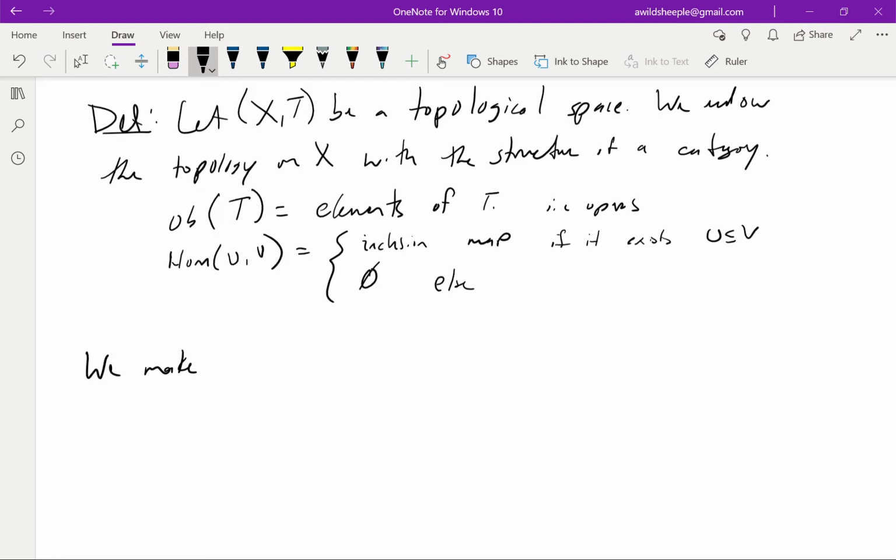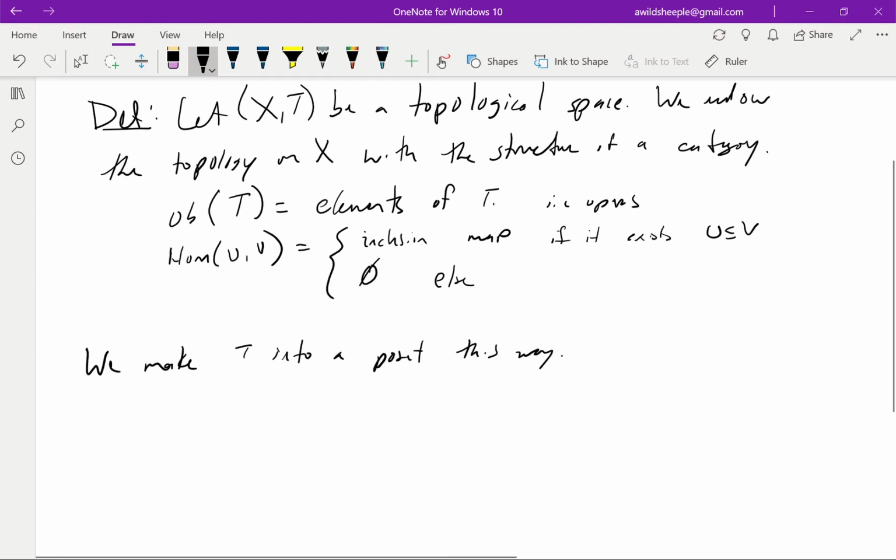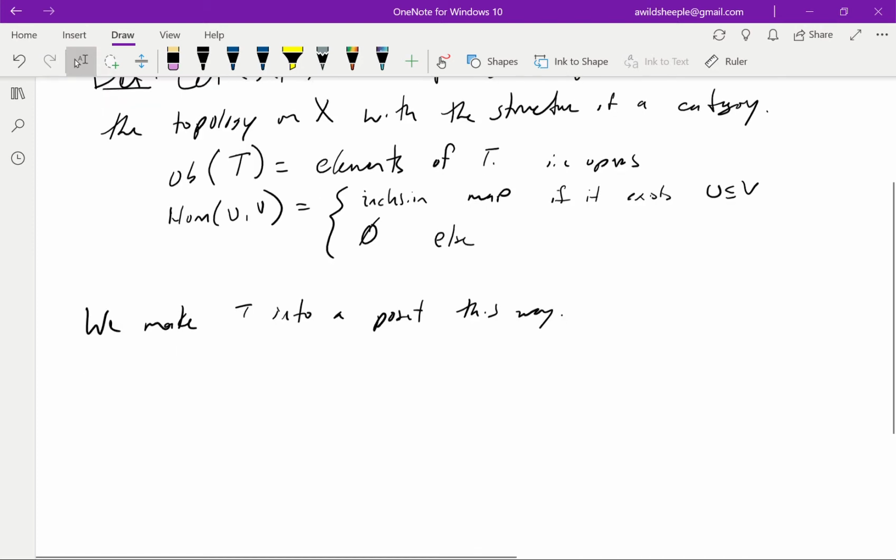And we've seen examples of categories of posets, so this is nothing unfamiliar. Okay, and then what we can do is make a definition of a presheaf out of this, where we simply take our definition to be that of a contravariant functor from this category to a given category.